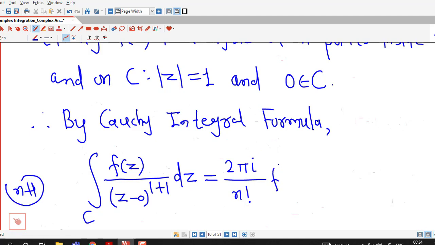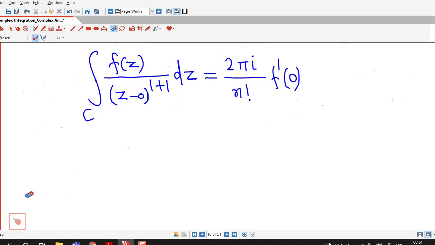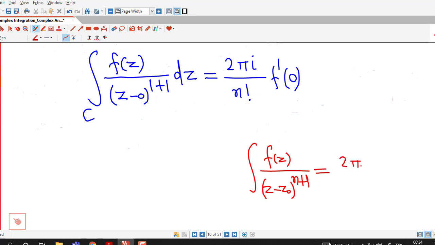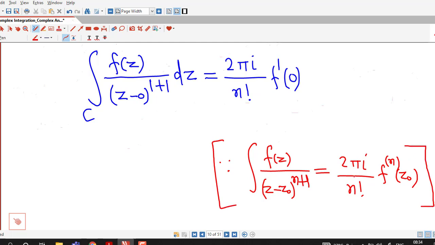So here we consider the first derivative at z equal to 0. We are using the Cauchy integral formula that integral of f of z divided by z minus z0 raised to n plus 1 equals 2 pi i divided by n factorial, nth derivative at z0. In our case z0 is 0 and n equal to 1, so here I will write 1 factorial.